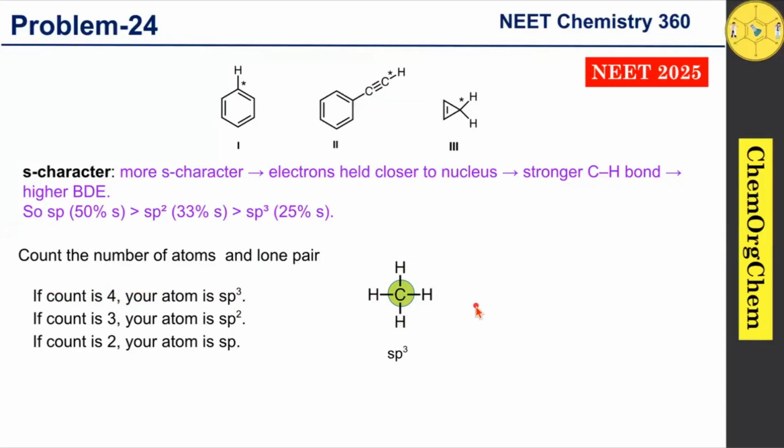Moving to one more example. Now if we want to find the hybridization of this carbon atom, just follow the same rule and count the number of atoms around this carbon. 1, 2, 3, only 3 carbon atoms are present and no lone pairs are available. Therefore the count is 3. The hybridization of this carbon atom is sp2 hybridization.